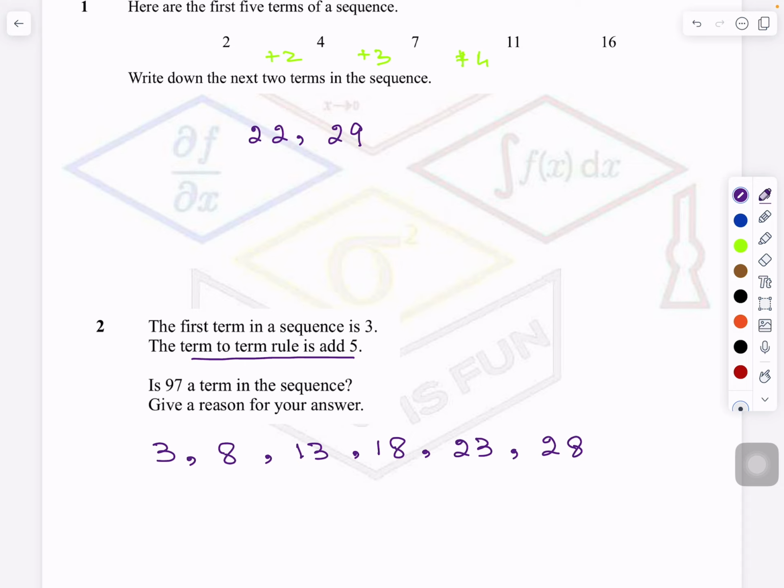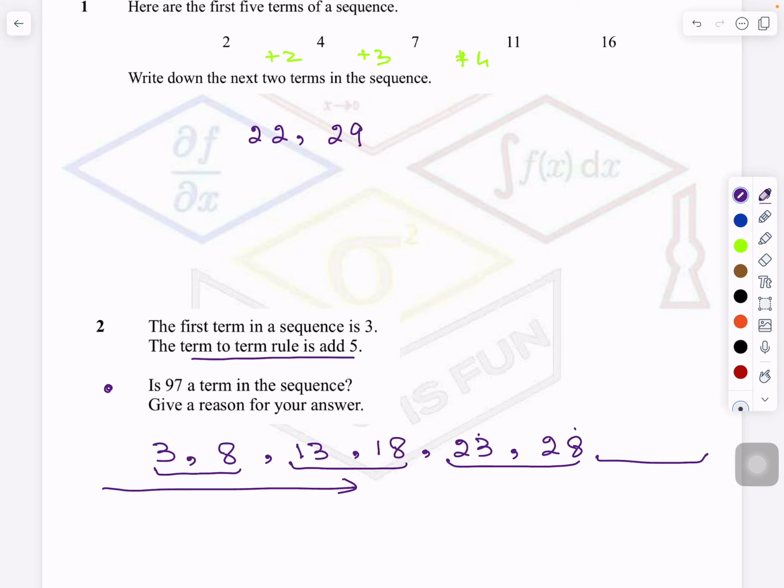So now looking at this closely, do you think 97 will fall in this sequence? Absolutely right. You will not get 97 because in every tens, you see 10 to 20, 20 to 30, 30 to 40, we are getting numbers ending at 3 and 8.